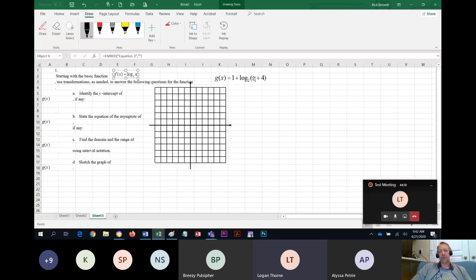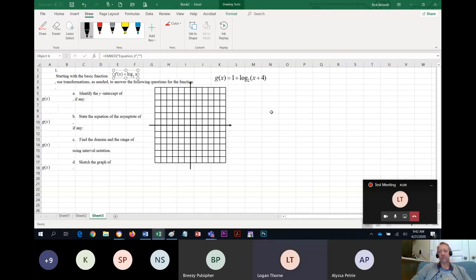So if I stick a 0 in here, what's the log base 2 of 4? Let me back up again. Yeah, we're plugging in a 0 for x, right? So that's going to go away. So what's log base 2 of 4?